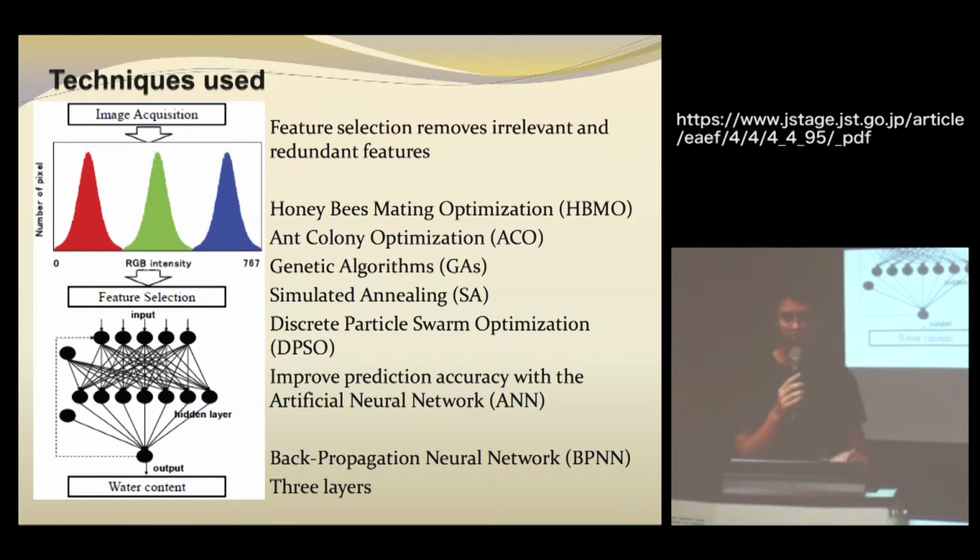They simulate the mating of the queen of the bees to guess what features can be removed and what features are redundant. There is also the ant colony optimization. It's about ants finding some food and finding the best path to bring the food to the main colony. There is also the genetic algorithm.